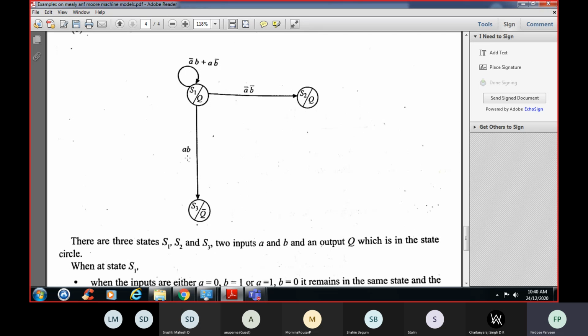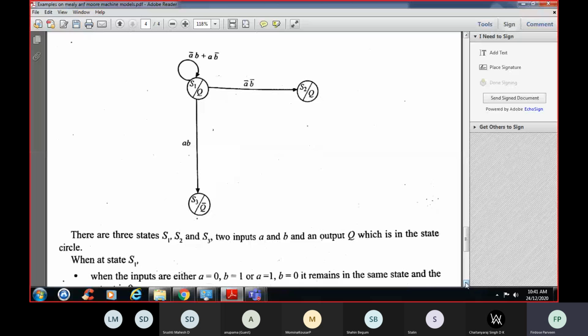In the same way, when input is 1, 1, it moves to S3 and the output is 0. Seeing the diagram itself, as we have told, it is a Moore machine. Next state is a function of only the inputs, it is not a function of output. That is Q plus is a function of only inputs.